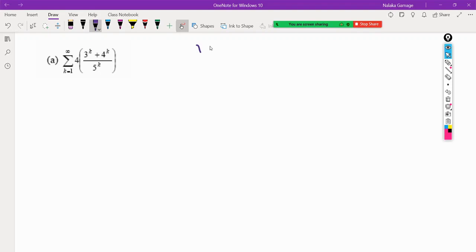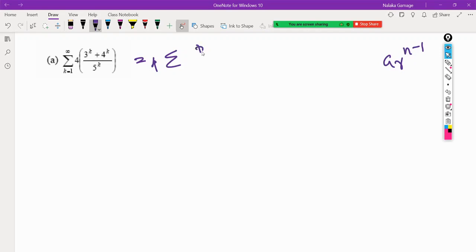Now the thing is, we have to go by rules, right? We can't violate rules as well, right? Right, so sigma, I can take the 4 out at any time because 4 is a constant, right? Let's take 4 out. Because what I need is ar^(n-1), right? Here it's k minus 1, but what I have right now is k.